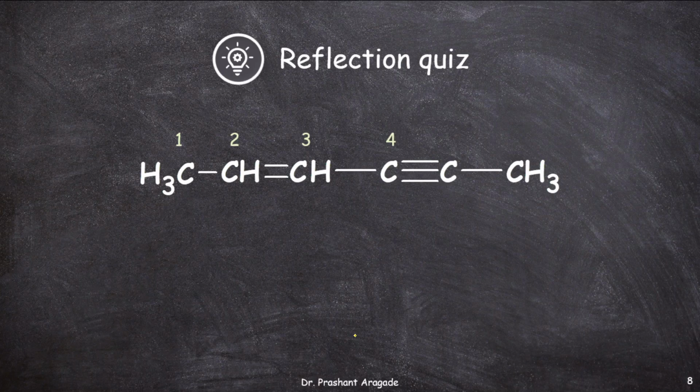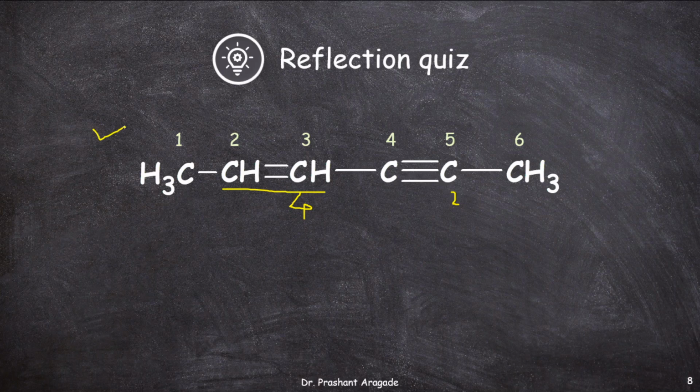First you have to give the numbering. This numbering system is correct as it gives number 2 to the alkene from this end. If you number from right to left, it also gives number 2 to the carbon-carbon triple bond and number 4 to the carbon-carbon double bond. Whenever this condition occurs, you have to give preference to the alkene.